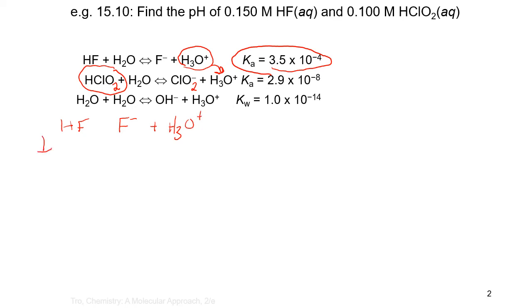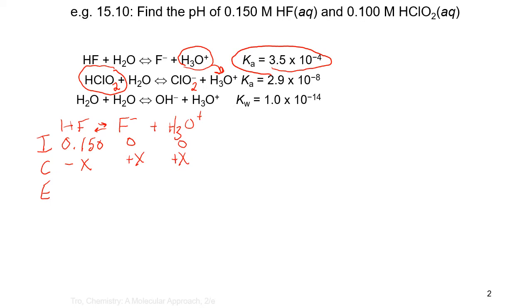So we write our ice table. We know our initial concentration of HF, and for our products, it's going to be 0. Our change for the reactants is going to decrease, and our products are going to increase.